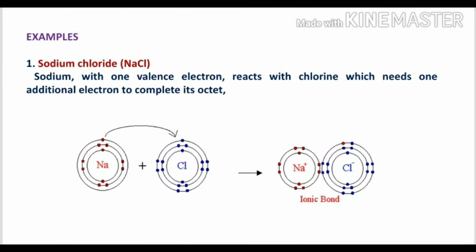Now the chlorine completes its octet state, and sodium itself becomes an octet state. So this is a transfer of electron because of the electrostatic attraction between the sodium and the chlorine. The sodium is of electropositive character and the chlorine is of electronegative character. Because of these attractions, the sodium loses one electron and the chlorine gains one electron. So by this process, the sodium chloride is formed.